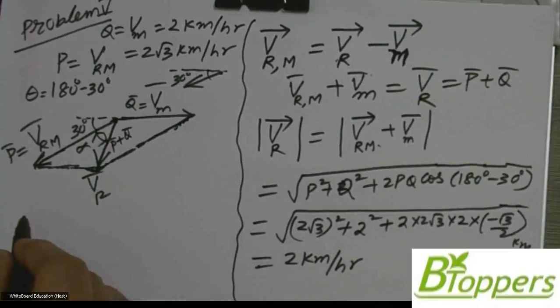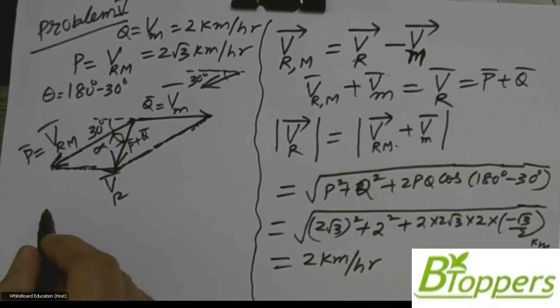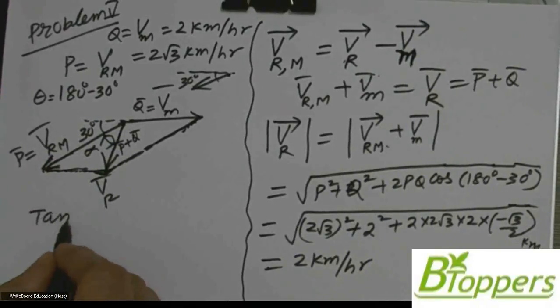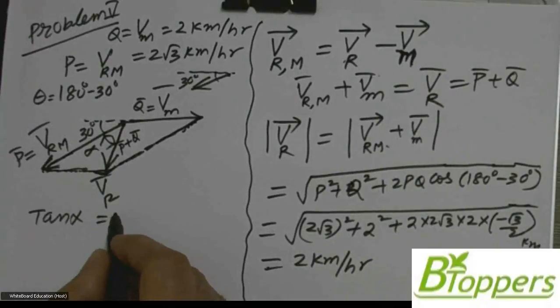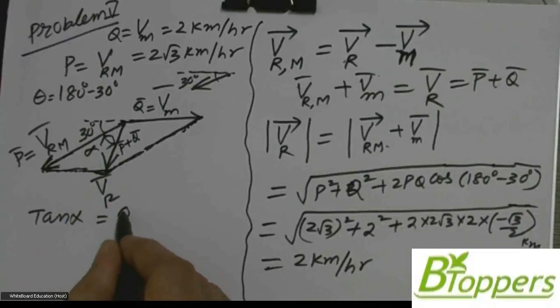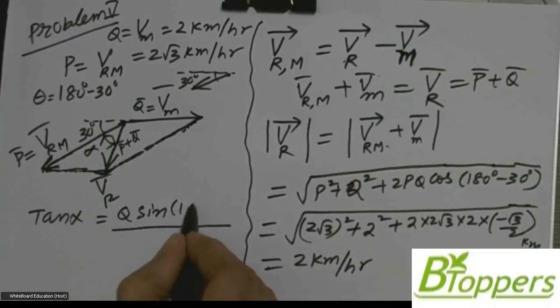So you can use the equation for the direction of the resultant of two vectors. If alpha is the angle made by the vector sum of p bar and q bar with the first vector p bar, then tan alpha equals q sin theta by p plus q cos theta.